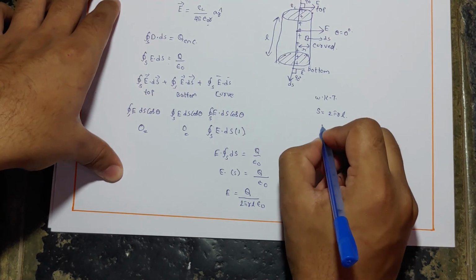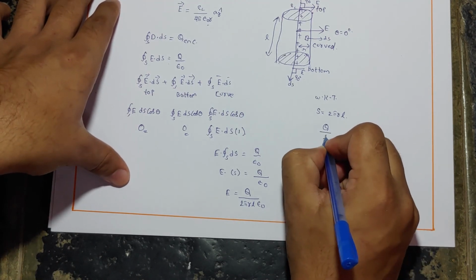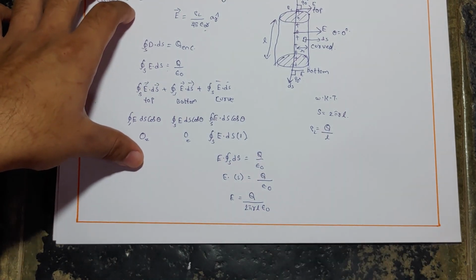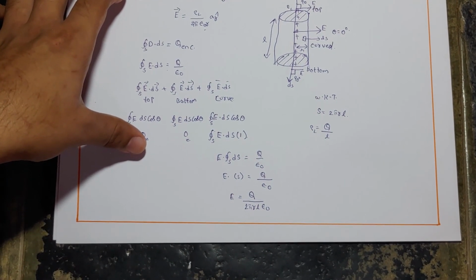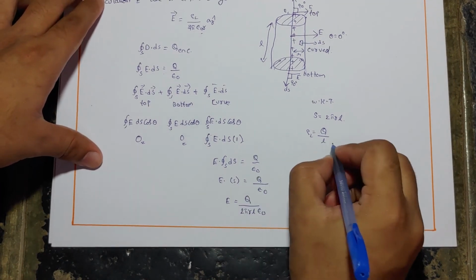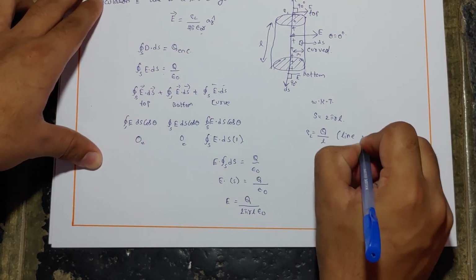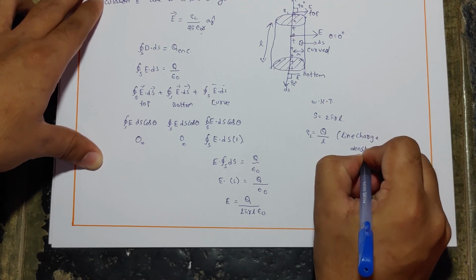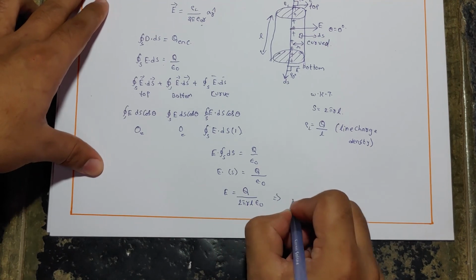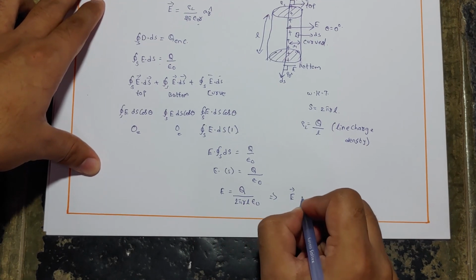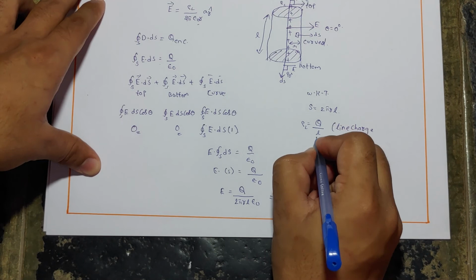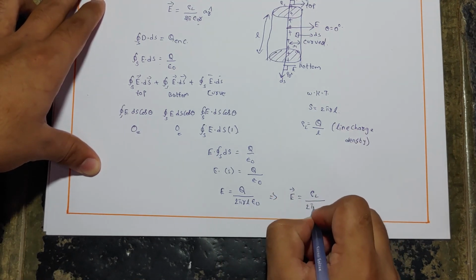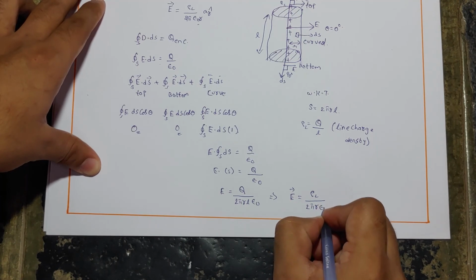We know that charge by L is equal to line charge density. Let us substitute it. That implies E is equal to Q, in Q by L would be replaced by rho L, by 2 pi r times of epsilon naught.